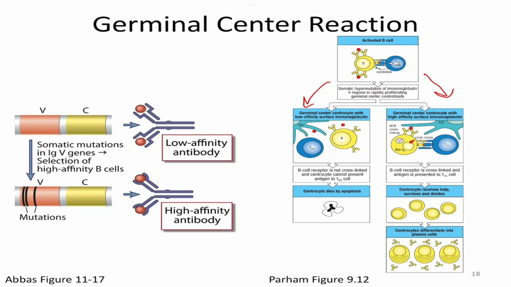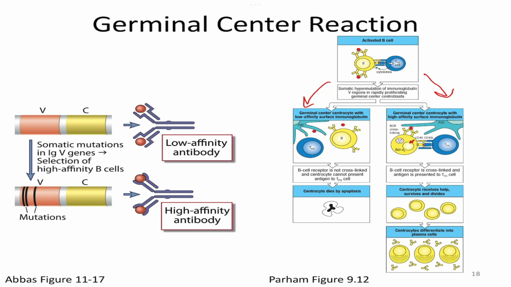And those 100 different progeny cells are going to be competing to try to get a signal from the follicular dendritic cell and the helper T cell. And so the ones that have made higher affinity or better affinity are going to be really good competitors. They're going to bind well and kind of crowd out everybody else. And they are going to be the ones that get the signal.